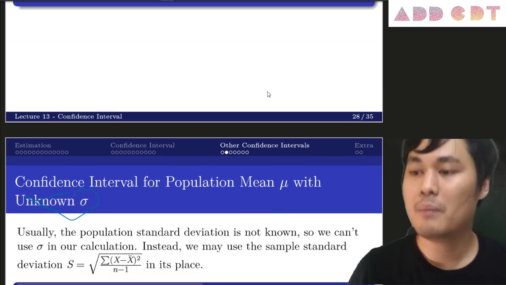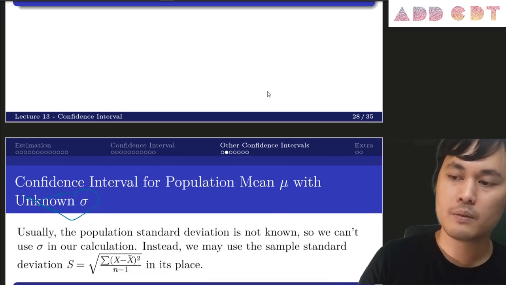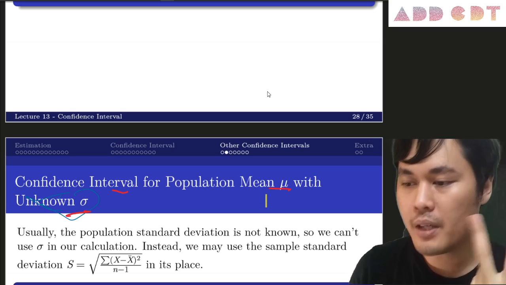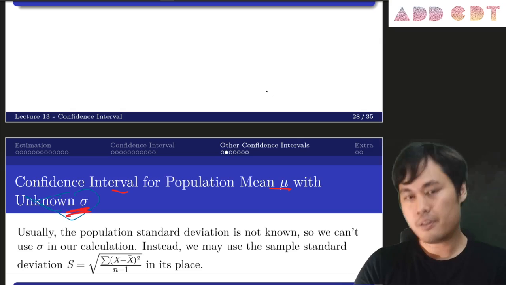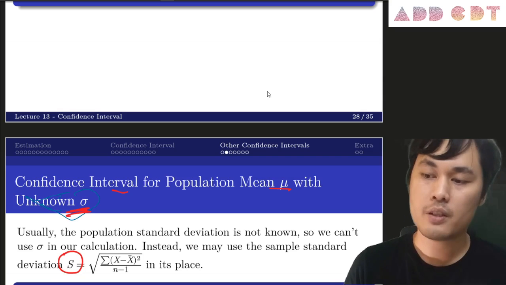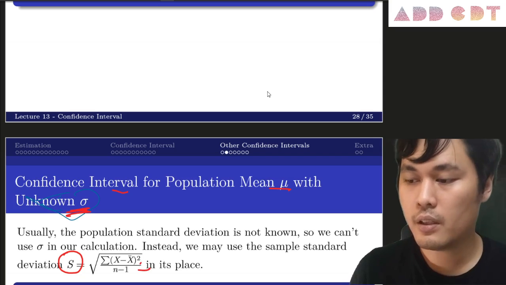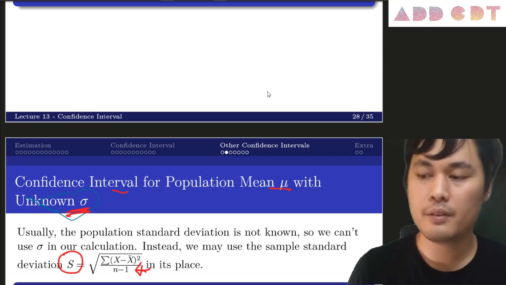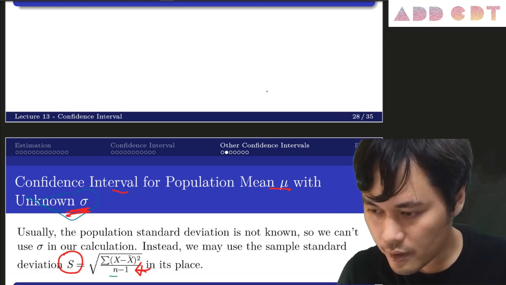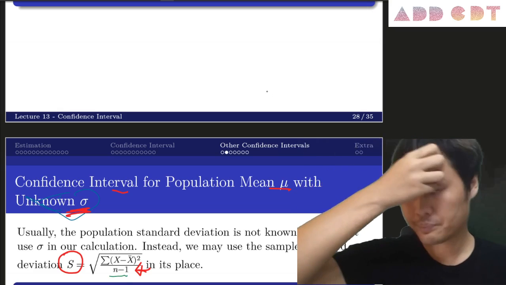Now the problem is we still attempt to find the confidence interval for the mean, the same thing. But now the sigma is unknown. And since we don't know sigma, we have to compute the sample standard deviation s. This is the usual formula that we have for the standard deviation, where the only difference is that in the denominator we have n-1 instead of n.